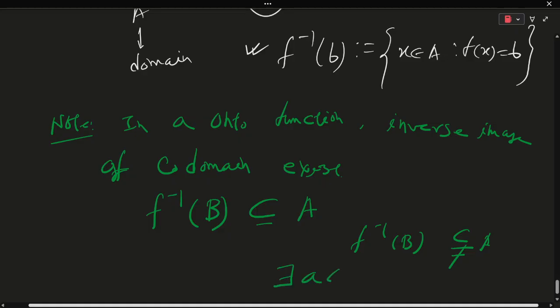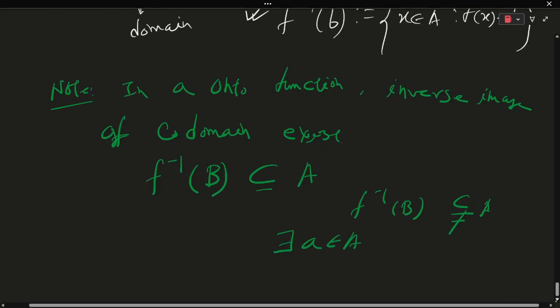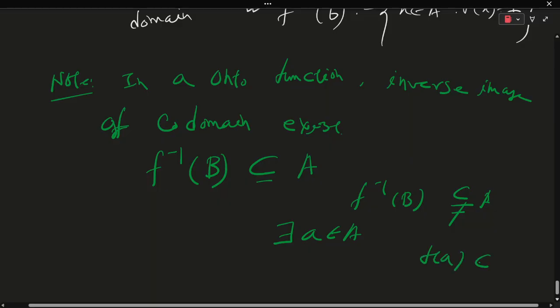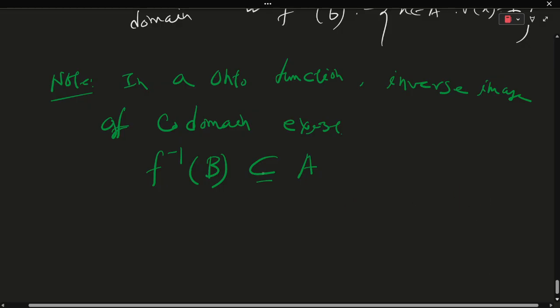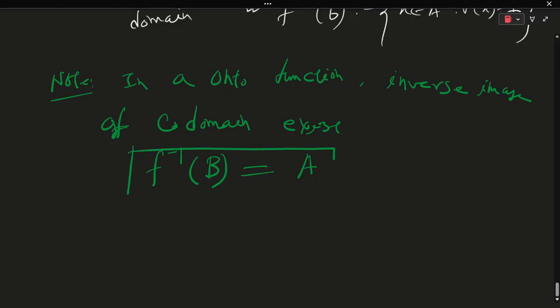There exists an element of A such that f(a) is not in B. This is a violation of the definition of a function, so this does not happen. So this is actually equal. This is a very important observation.